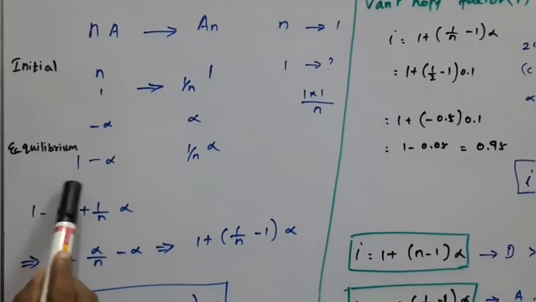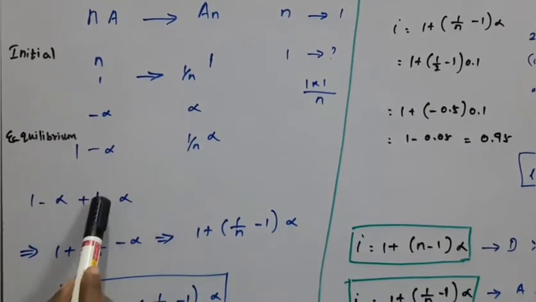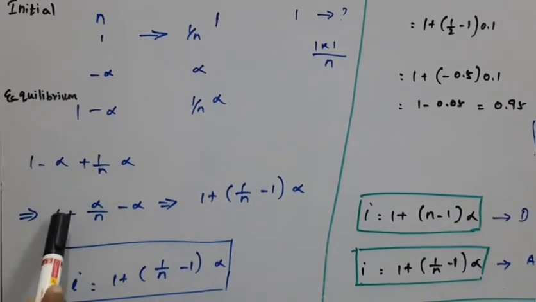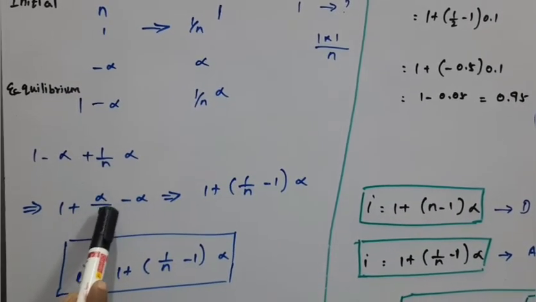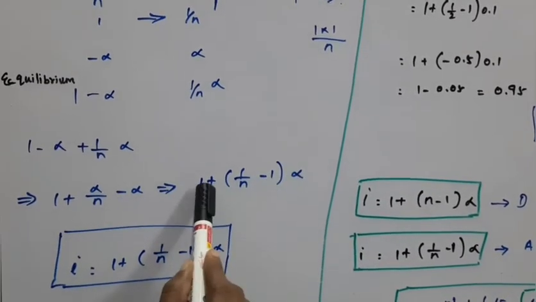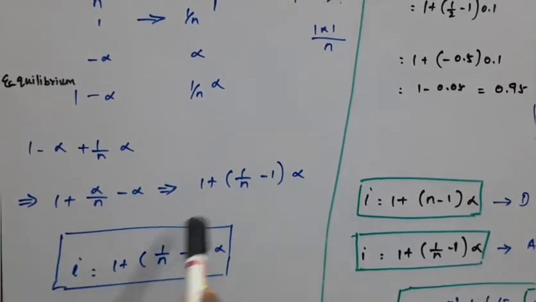Okay. So total number of moles equal to 1 minus alpha plus 1 by n alpha. Here we can rearrange: 1 plus alpha by n minus alpha. Take alpha outside, that is 1 plus (1 by n minus 1) into alpha. Okay.